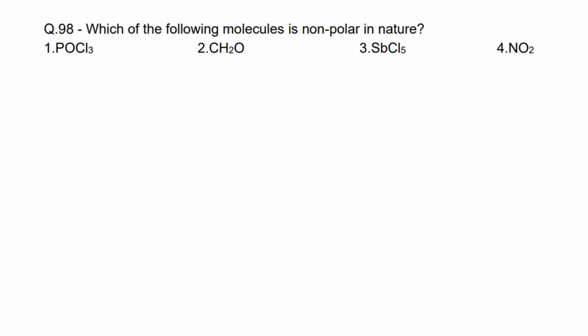Next, question number 98. Which of the following molecules is non-polar in nature? POCl3 is a polar compound only. CH2O, that means formaldehyde, is polar. NO2 we know has an angular structure and is a polar compound only.